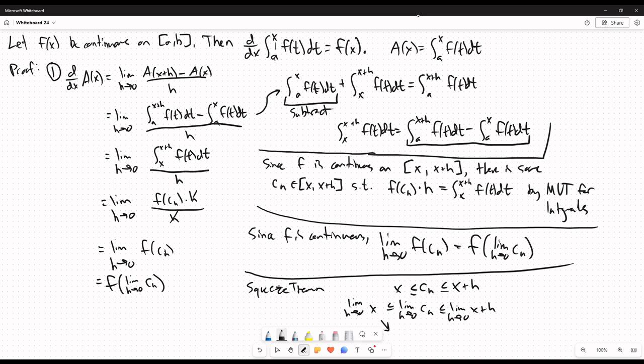I know that this first one, well, x doesn't depend on h at all, so that's just x. This one up here, that's going to be x plus 0 as h goes to 0, so that's x. So this limit in the middle is also x. And we get that this limit ends up just being f of x, which is exactly what we wanted to show. We show that the derivative of the integral function equals f of x.